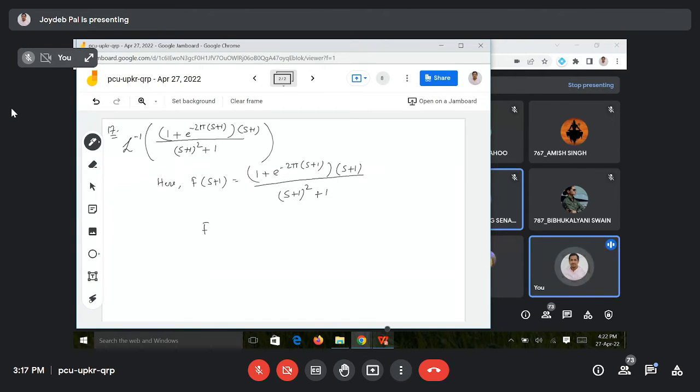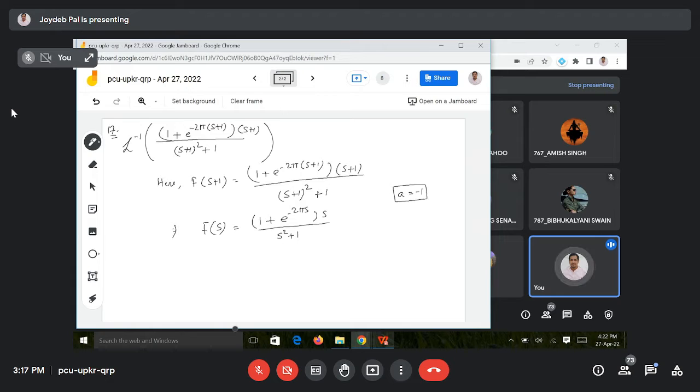So what is fs? You replace s plus 1 by s: 1 plus e to the power minus 2 pi s, whole into s, divided by s square plus 1. So you are getting? Yes, sir. And what is small a? Minus 1.